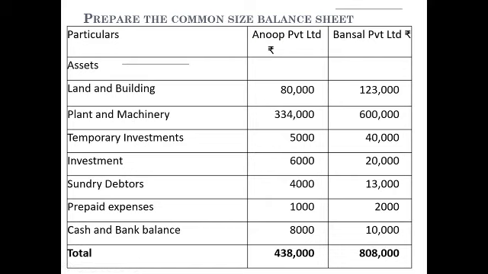Next, the asset side: land and building, plant and machinery will be considered as fixed assets, then investment, and these are considered as current assets: debtors, prepaid expenses, and cash balances. So you should know, students, before the preparation of the common size or comparative balance sheet, first you have to write the balance sheet in the specified format.